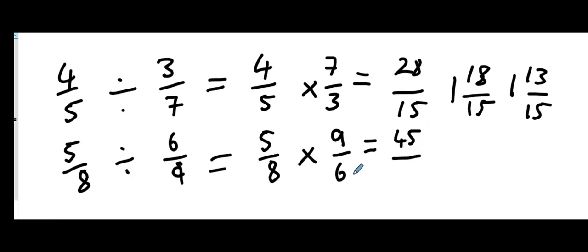And we're going to have 45 over 8 sixes, which is 48. And we have a common factor here, so we're going to divide both of them by 3. So how many 3's are in 45? There are 15. And how many 3's are in 48? There are 16. And so we get our answer of 15 over 16.